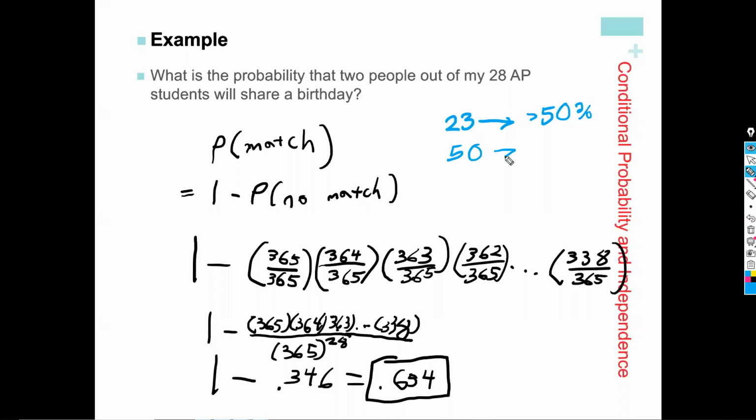If you have 50 people in the room, it goes up to a 97% chance. If you have 60 people in a room, then it goes up to a 99.4% chance that there will be 2 people in that room that share a birthday.